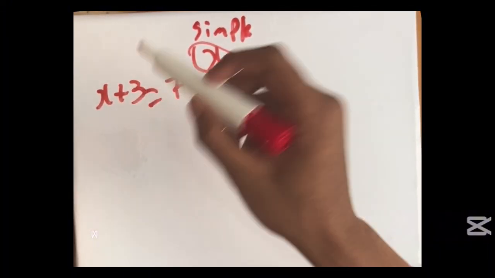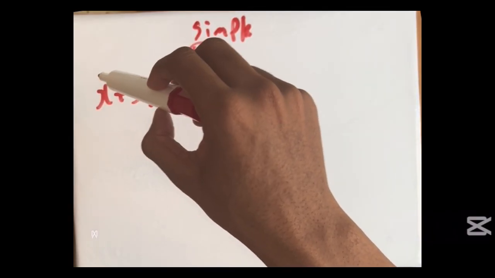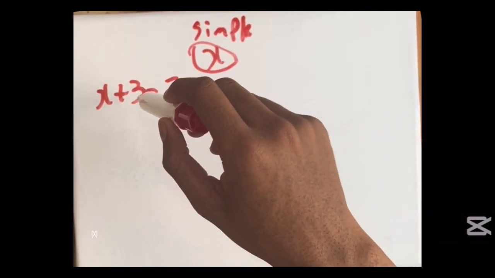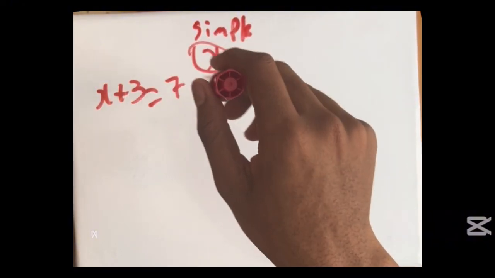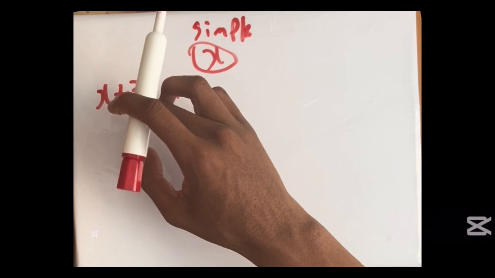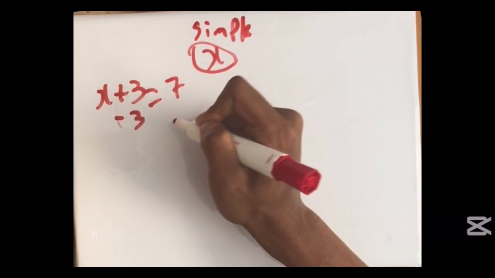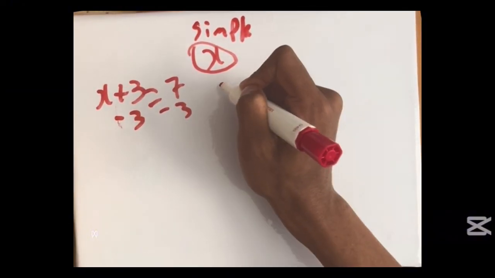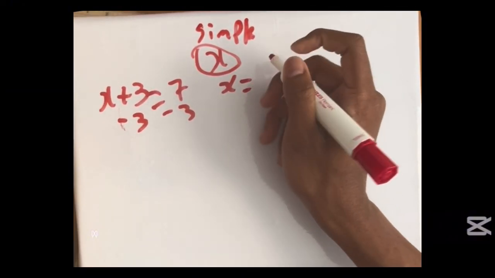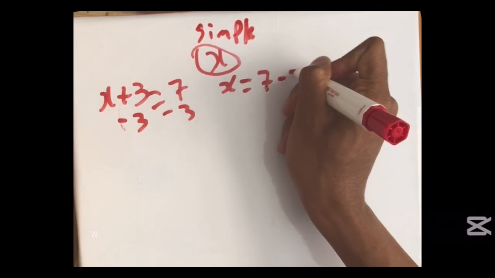So in this case, to solve for x, to isolate x, you're going to have to subtract 3 from both sides, which is the opposite of this, right? So it's going to be minus 3 and minus 3, which is going to equal, remember our sign rules from the beginning, 7 minus 3.